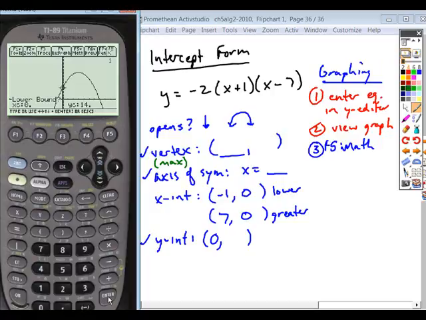Once again, choose a lower bound that's to the left of your vertex, upper bound to the right. Is our crosshair or cursor to the left of our vertex? Yeah, so I can just leave it right where it is. Now, is our crosshair to the right of the vertex here for our upper bound? No, so I need to pick a number that falls to the right of this point. So I am just going to type in the number 10, and that gives me my solution.